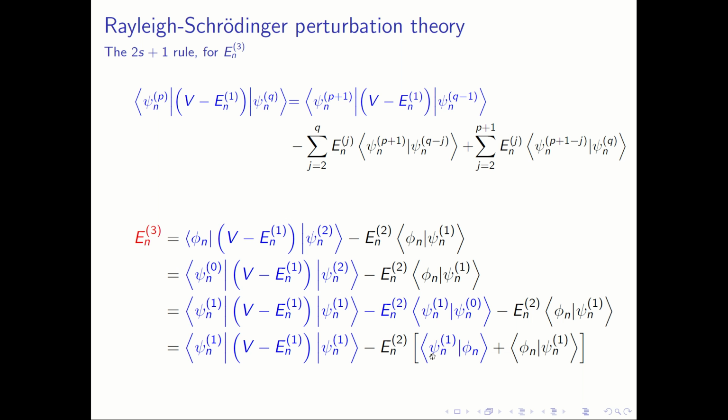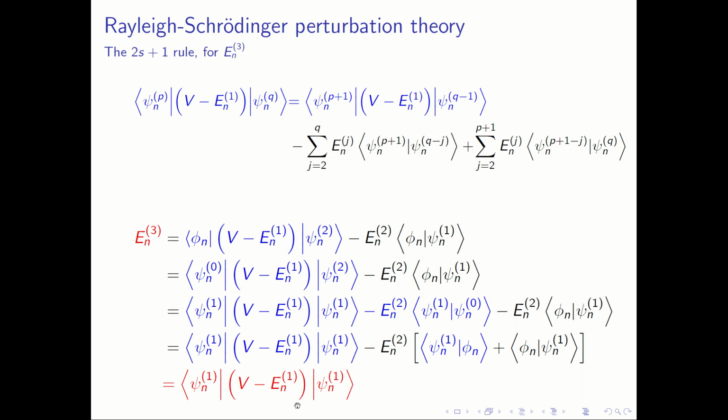So finally, the expression that we have for E_n^3 turns out to be pretty simple. It turns out to be the expectation value of V minus E_n^1 in the state psi_n^1. So remember, psi_n^1 is the first order correction to the wave function, and you just take the correction piece and find the expectation value of V minus E_n^1 in that.